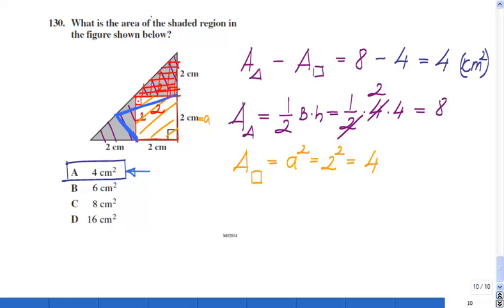This triangle will be base times height, 2 times 2 divided by 2, and that will be 2. That one is 2. This one will also be 2. You add them, and you also get 4. And that's the way you solve similar problems.